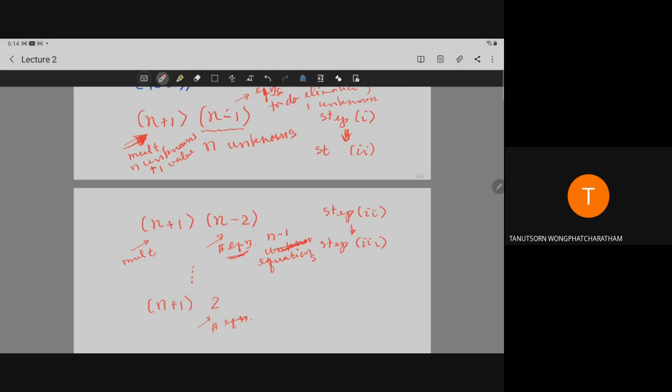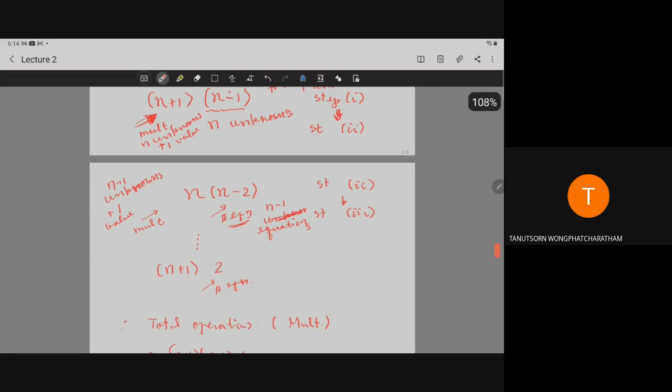And for multiplication, because we only have n-1 unknowns, including one value, which is the output, the rightmost value, we only have n multiplications. So this will continue until the end.